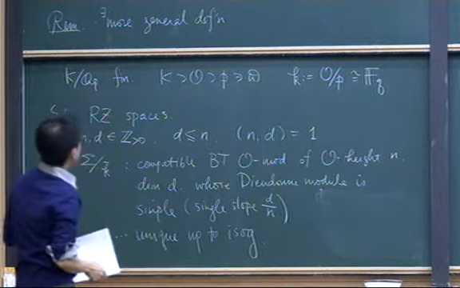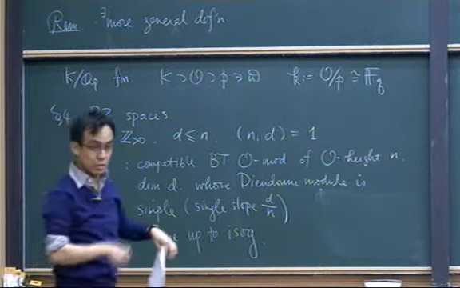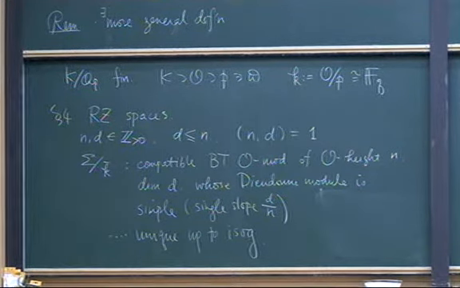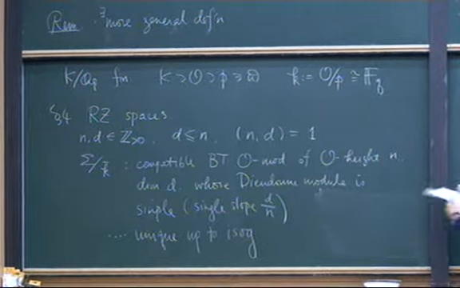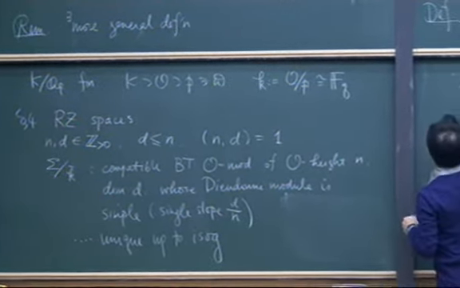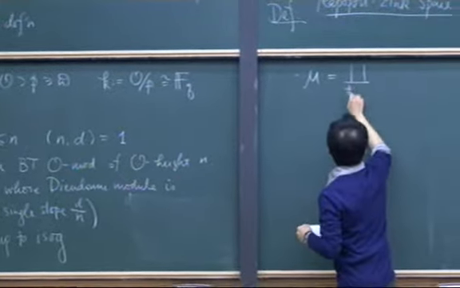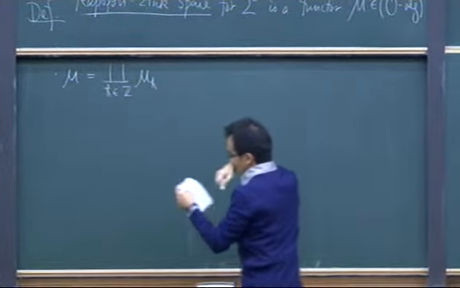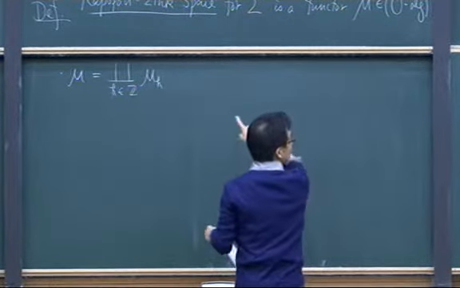Or it can have additional structures, like actions by a semisimple Q_p-algebra, or it can have a polarization and so forth. I'm not going to go into general properties too much.